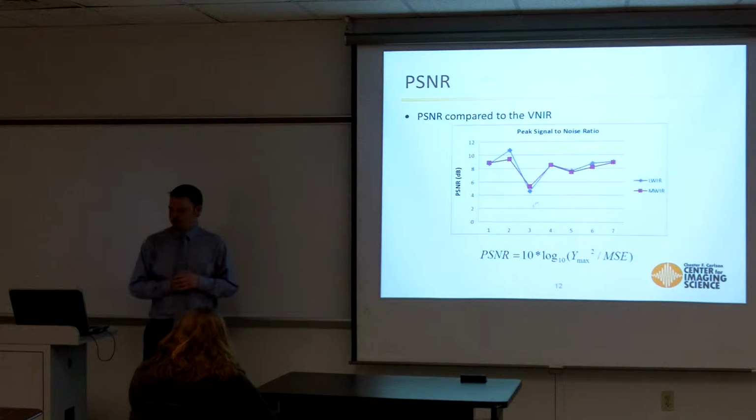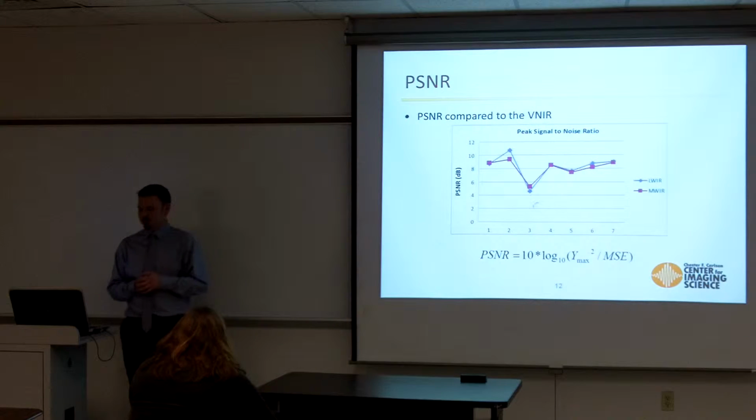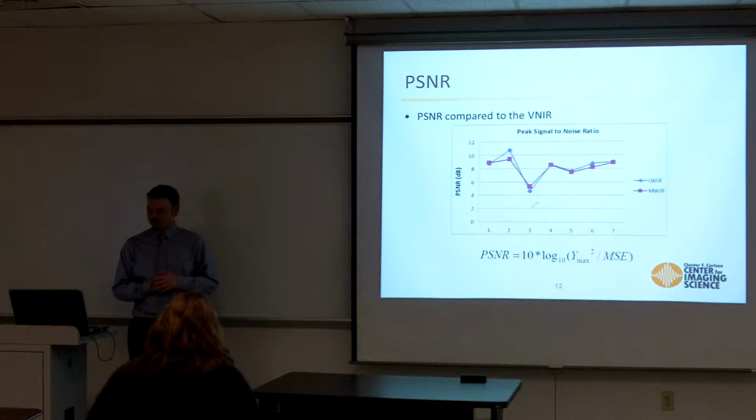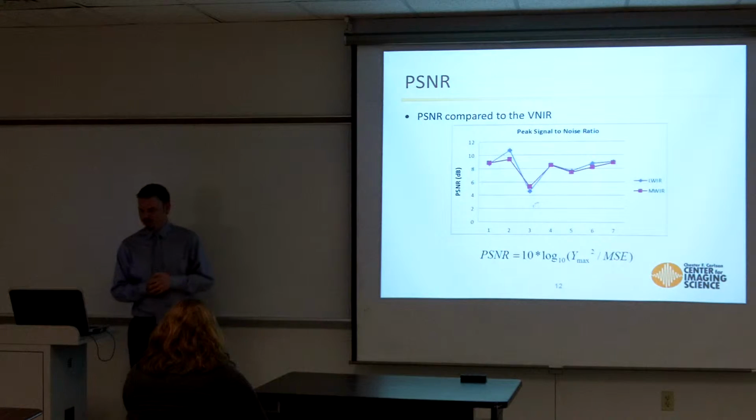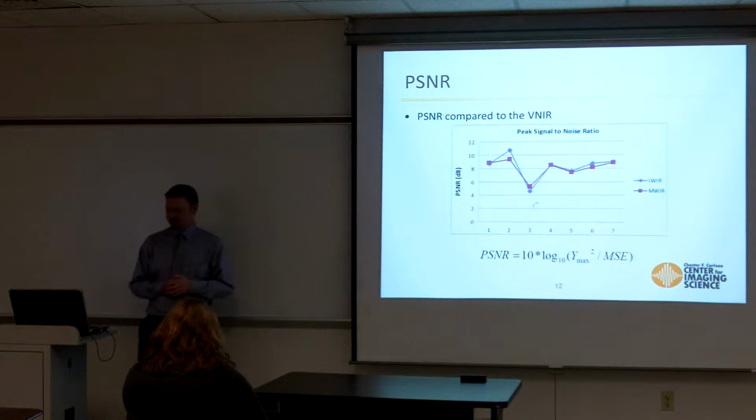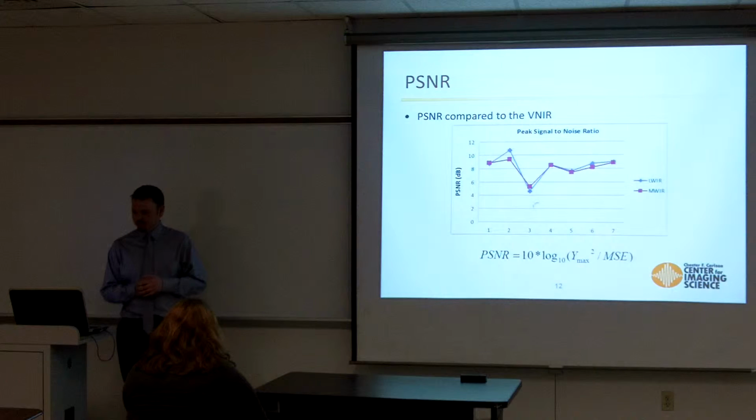Peak signal to noise ratio, again, I'm comparing to the visible for both the long wave and the mid wave, and that's just like a noise level system in decibels, where I take the maximum intensity for each image and then divide by the mean square error of it. And again, the long wave and mid wave, there was no clear winner.